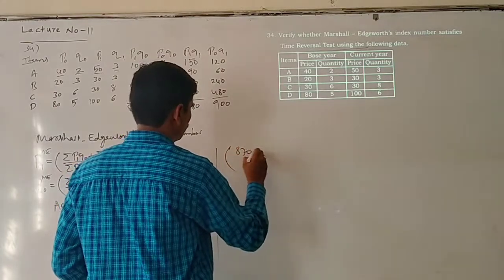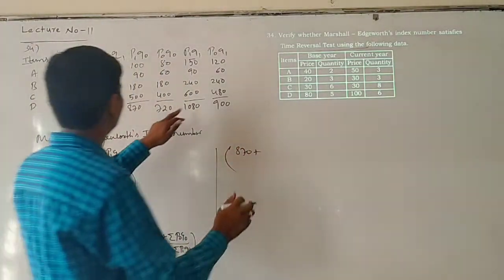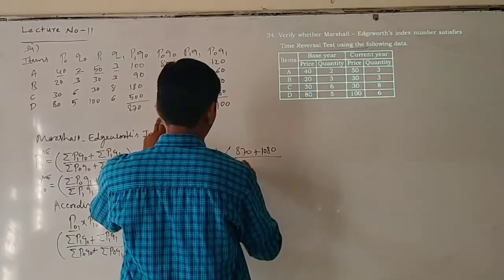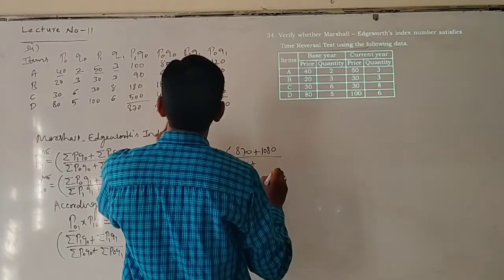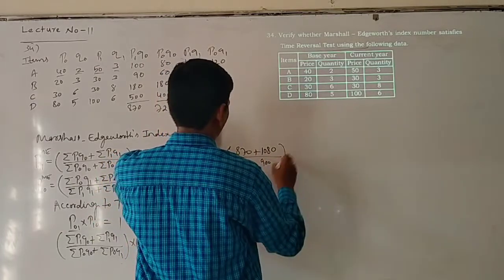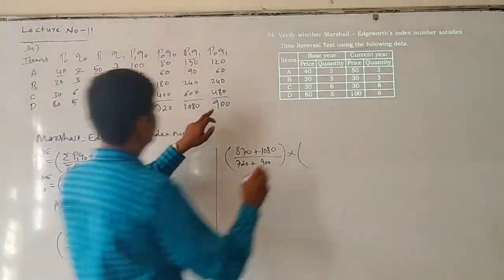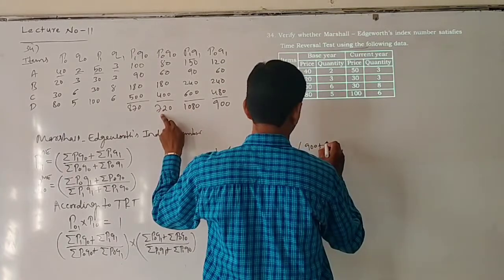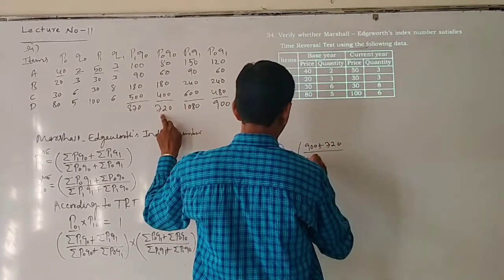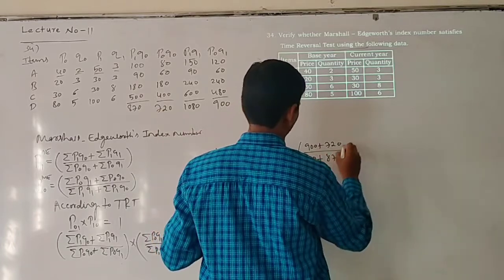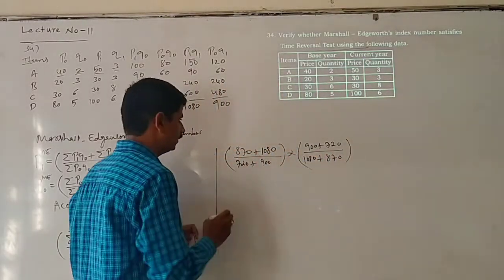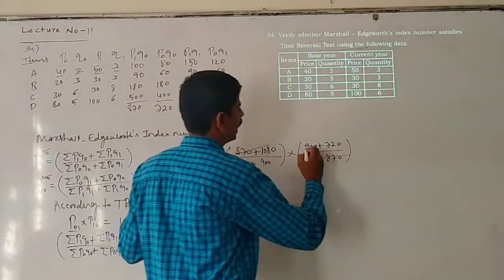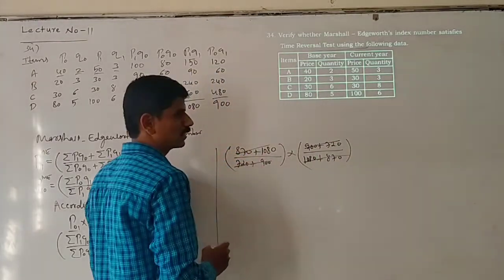870 plus 1080, sum of P1 Q1, divided by P0 Q0 is 720 plus P0 Q1 is 900, into sum of P0 Q1 is 900 plus sum of P0 Q0 is 720, divided by 1080 plus 870. Okay, here 870 plus 1080, 1080 plus 870 cancel, 900 plus 720 and 720 plus 900 cancel.